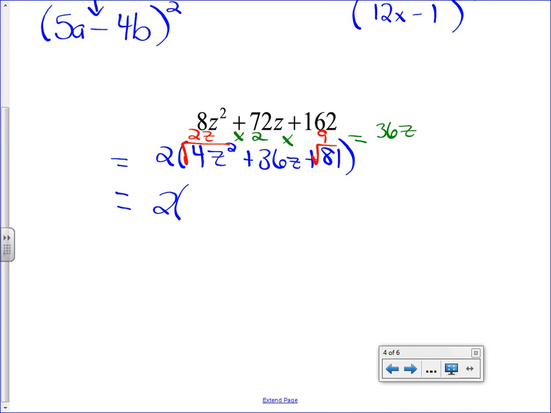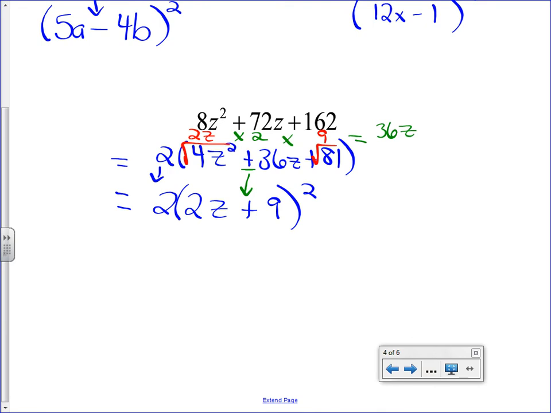I can't forget about this 2 out here. So I got to carry it down. So then I go 2z, keep going, plus 9 all squared. Why did I put a positive sign in the middle there? I did carry it down. If I looked up here, there was a positive sign here. So it must be a positive sign inside that binomial.